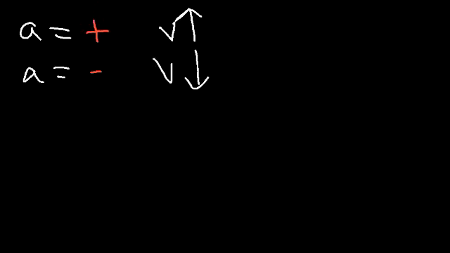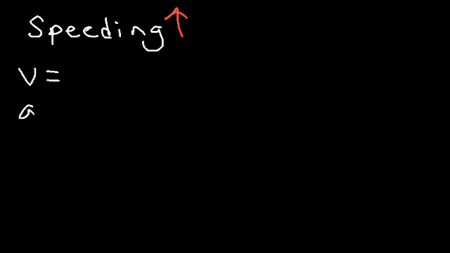Whenever the acceleration is positive, the velocity is increasing. Whenever the acceleration is negative, the velocity is decreasing. And whenever the acceleration is 0, the velocity is constant. The particle is speeding up whenever velocity and acceleration have the same signs.